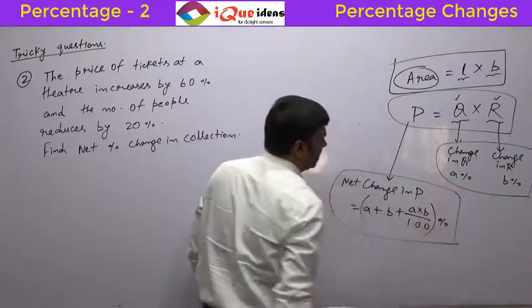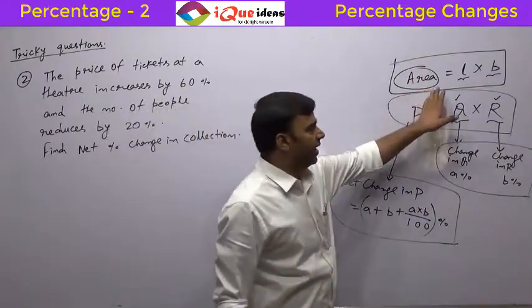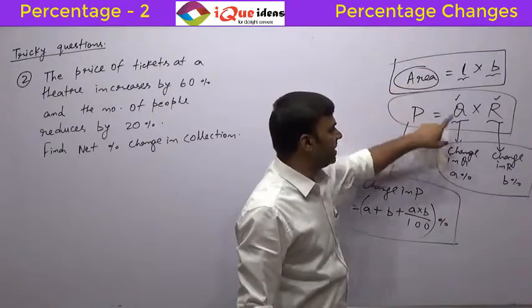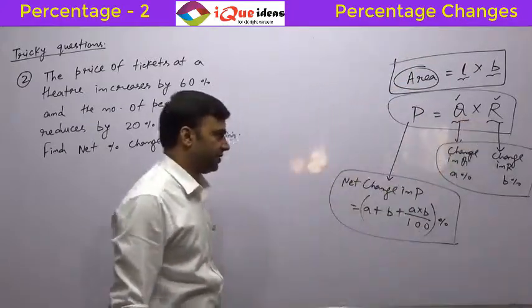So this is one very interesting thing. Not only for area, it is applicable for all situations wherever there is a quantity which can be presented as a product of two other quantities.